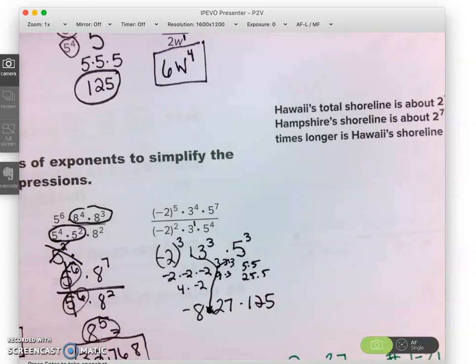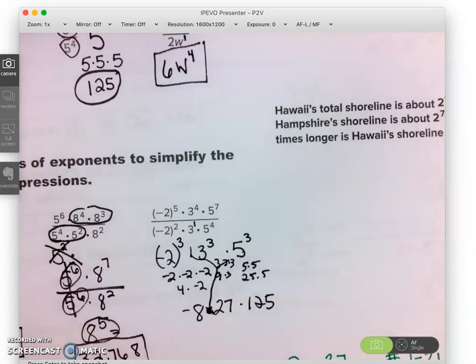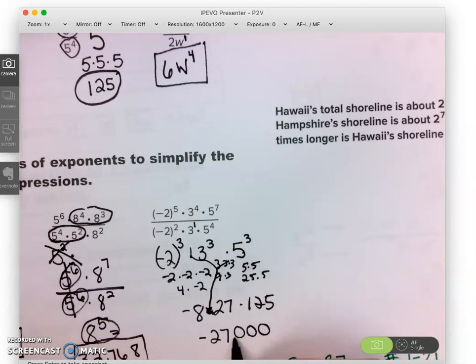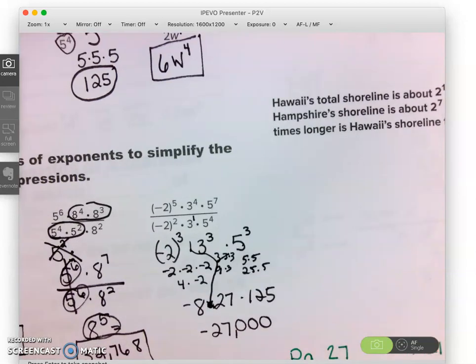Again, I'm going to take my calculator and do -8 times 27 times 125, and I get -27,000. Remember, if I have a negative here and no other negatives, your answer will be negative.